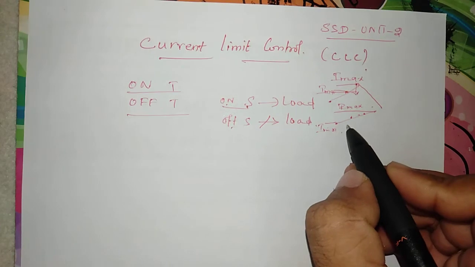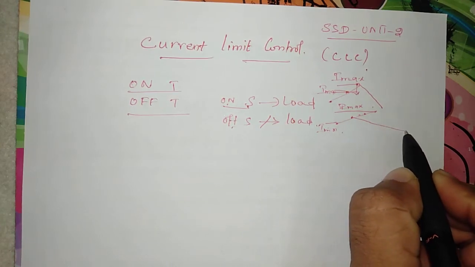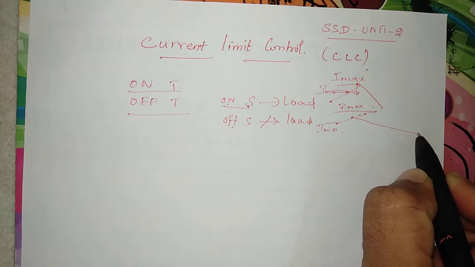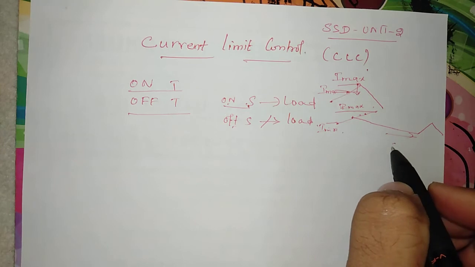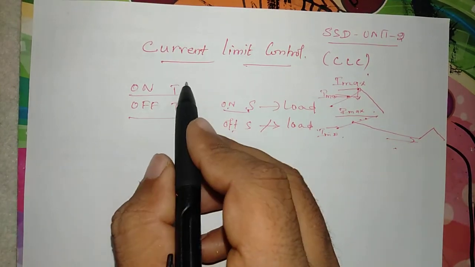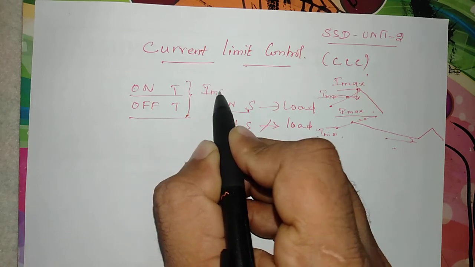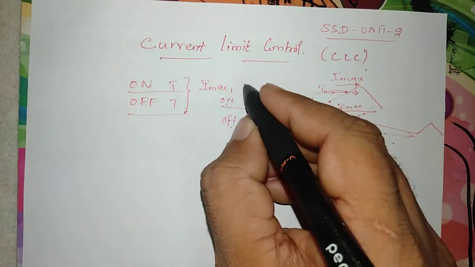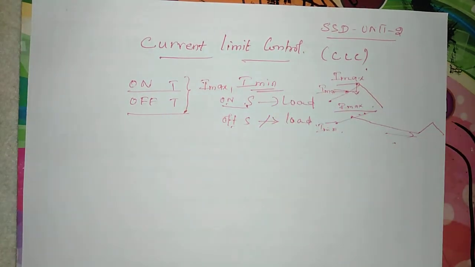If you have a higher off time, in the sense the current reaches 0, starts to increase, then reaches 0, and likewise it goes on. So based on on time and off time, we can fix how much maximum current and how much minimum current we can make into action.